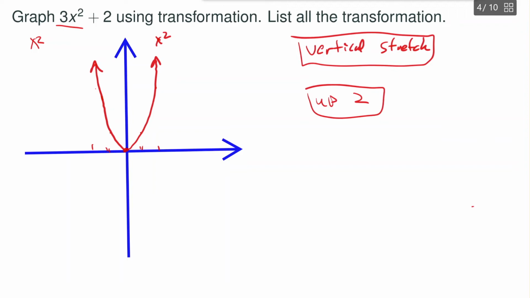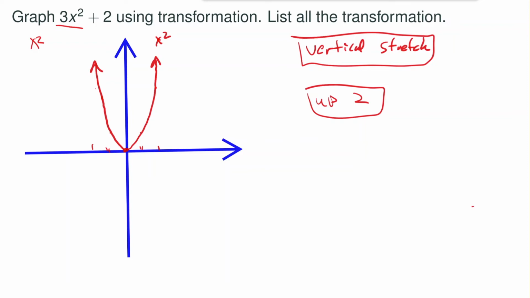Vertical stretch means think of graphing this here and stretching it vertically this way. So it will make it narrower. How much narrower? By 3 units. But what does it mean to stretch by 3 units? We don't actually say 3 units, but what's important is that we know it becomes narrower.